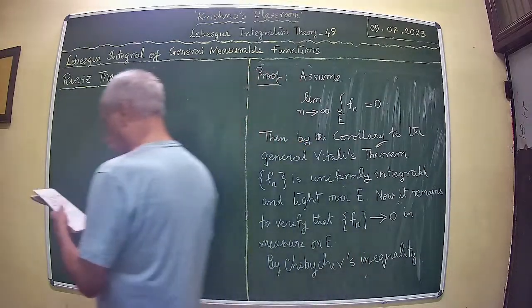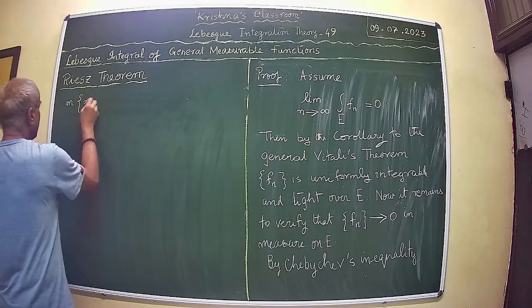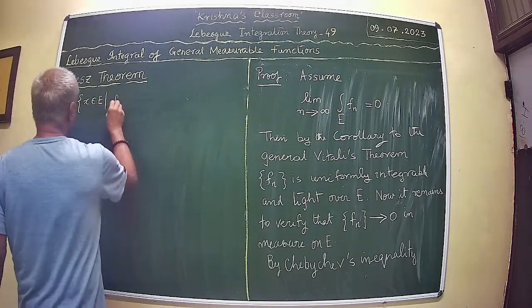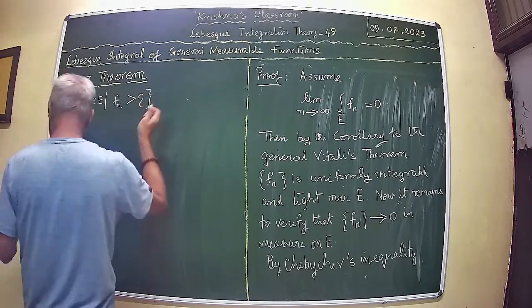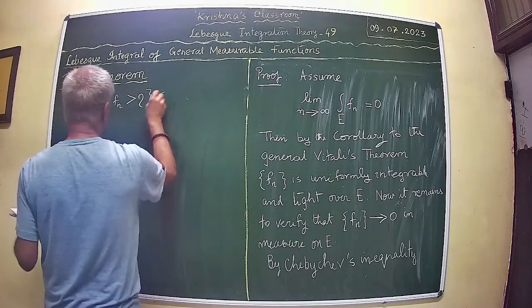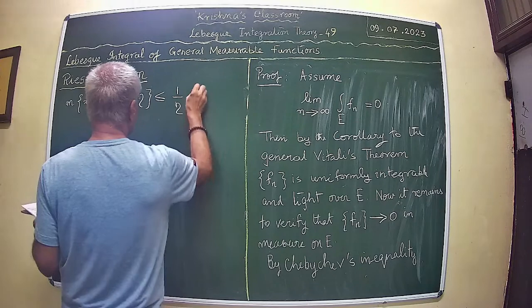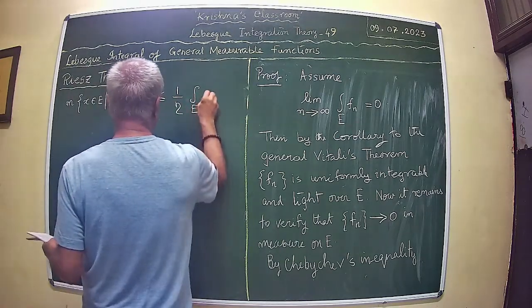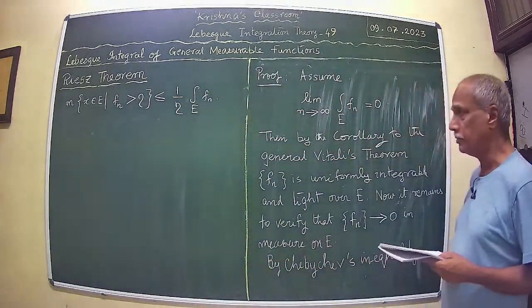This is the measure of the set where Fn is greater than eta, which is less than or equal to 1 upon eta times the integral over E of Fn. This is the estimate that you have.